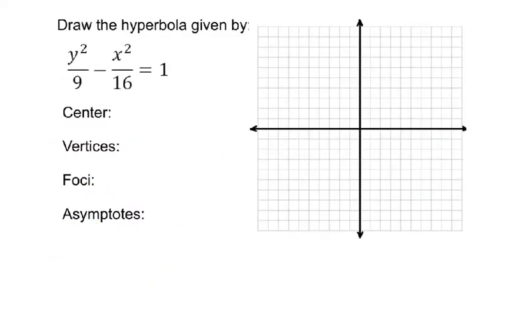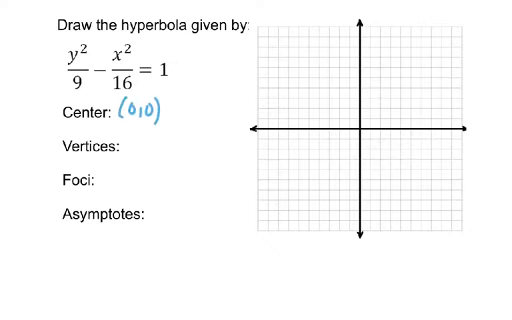Draw the hyperbola given by y squared over 9 minus x squared over 16 equals 1. This is one that's going to open up and down. Even though 9 is smaller than 16, it's not really, because there's a negative with the 16 portion. So that's like a positive 9, then a negative 16. So 9 would be the larger, or more positive, number. We are still working with a center of 0, 0.